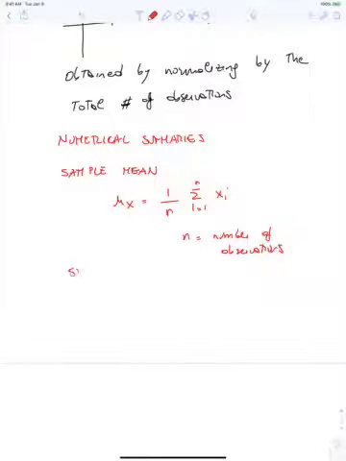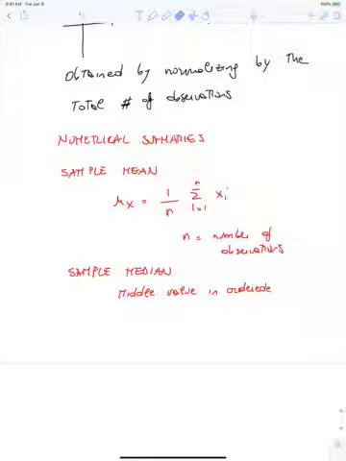Well, you can also have the sample median, which is the middle value when you order the data set. In our case, we have 100 observations. We have 49 values that are below the median and 50 values that are above the median.